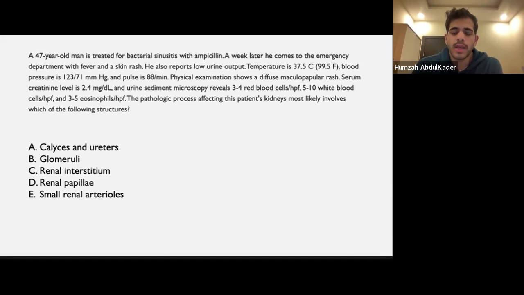So you guys are saying that it is C. That is correct. What is the disease? Correct, acute interstitial nephritis. What they mentioned here that can lead you towards this answer is, first of all, he was treated with a drug, and after having this drug, he had some kind of reaction, and with that reaction he reported low urine output.